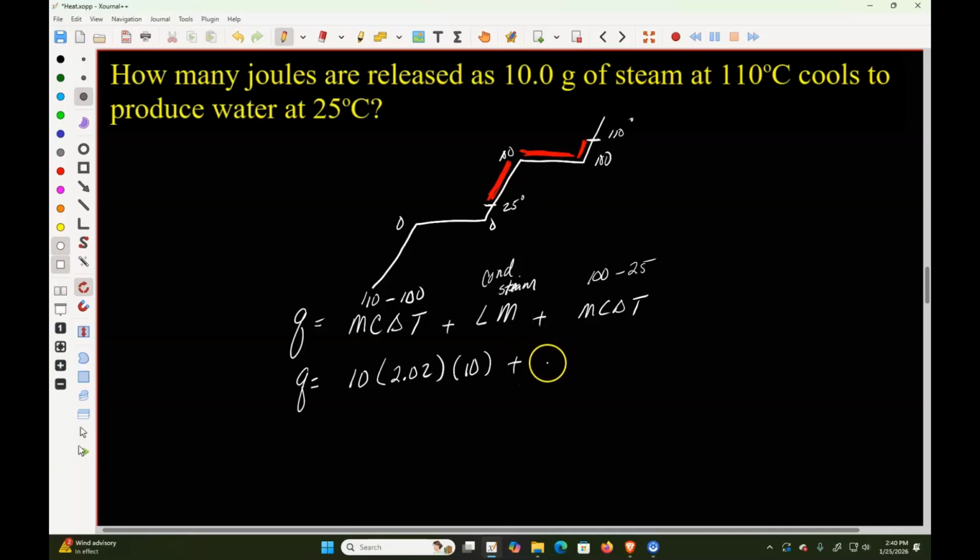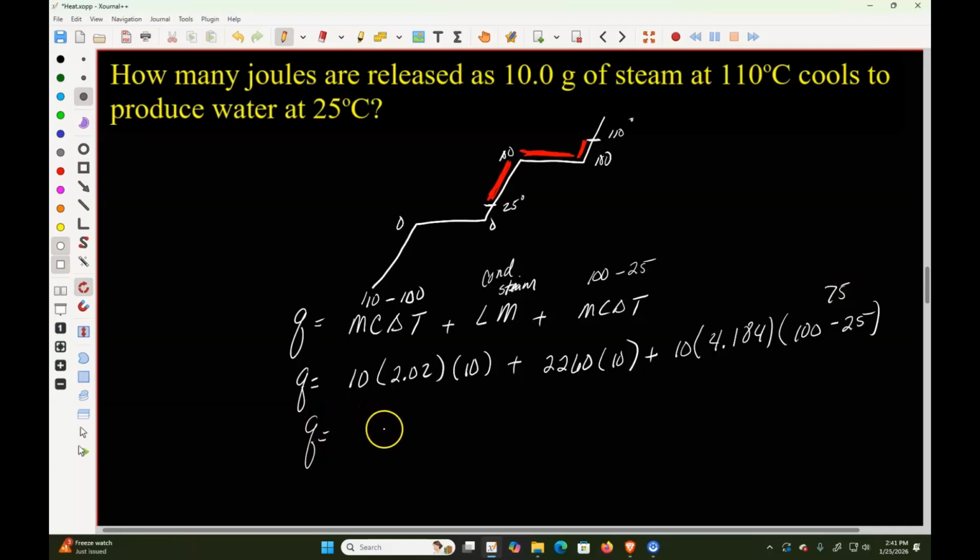The latent heat for steam is 2260 times the mass of 10, plus I have 10 grams of hot water at 100 degrees. The specific heat of water is 4.184. And the change in temperature, I'm going from 100 to 25, so that's a 75 degree change.